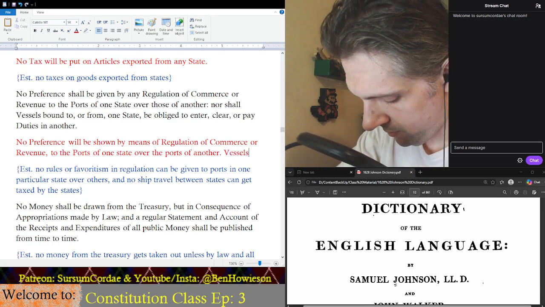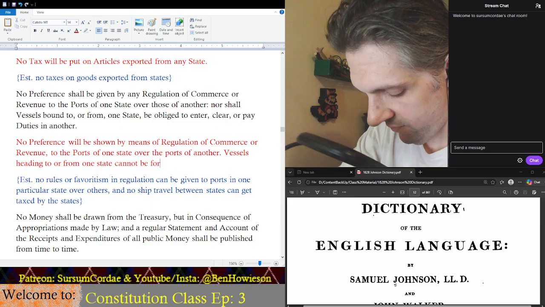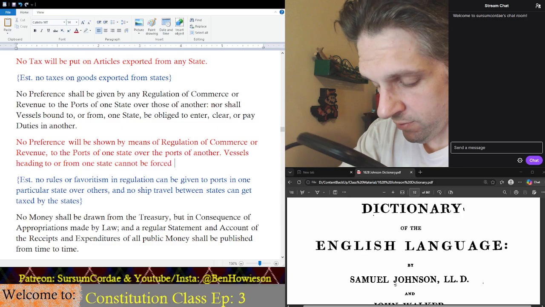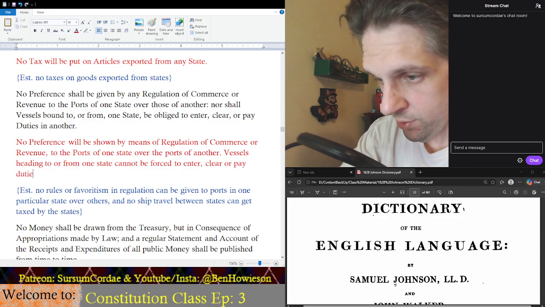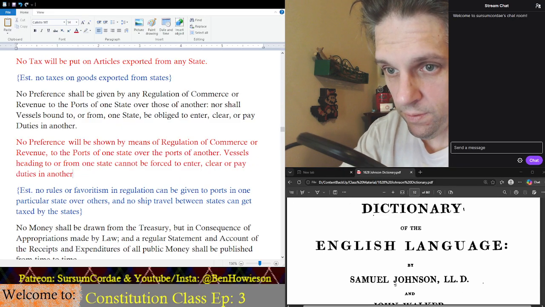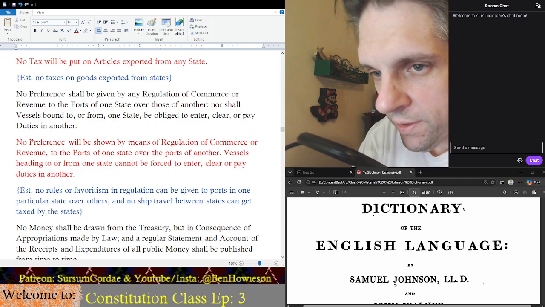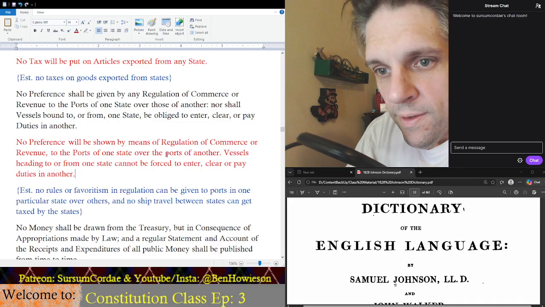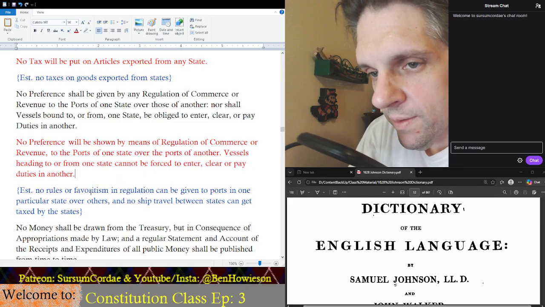Vessels heading to or from one state cannot be forced to enter, clear, or pay duties in another. We can leave the word duties in sometimes, just as a treat for everybody. You know, taxes is an easier word, but sometimes it's more of a duty.